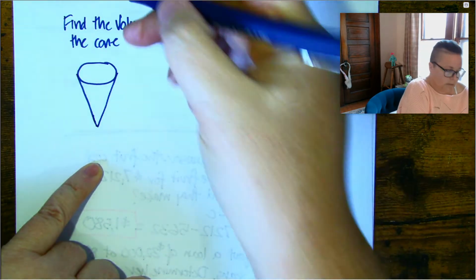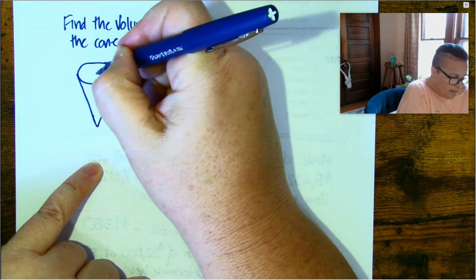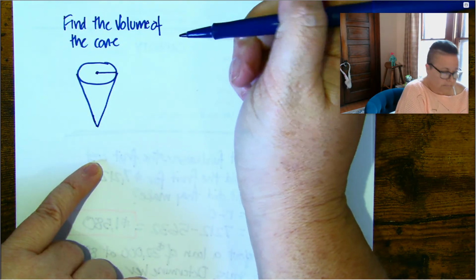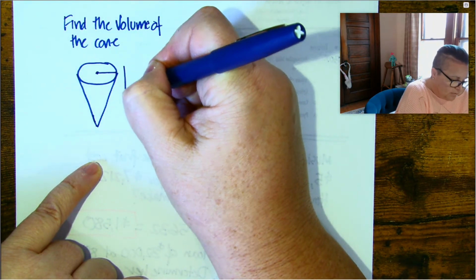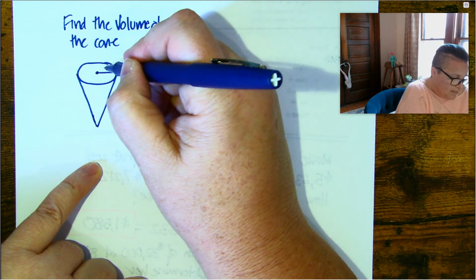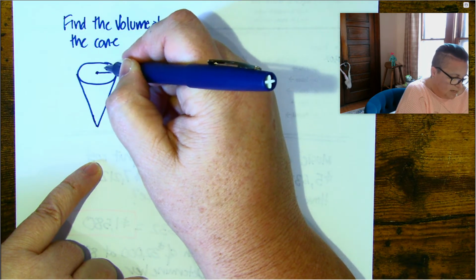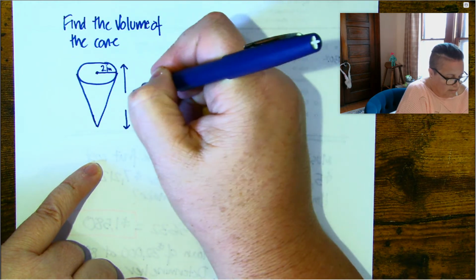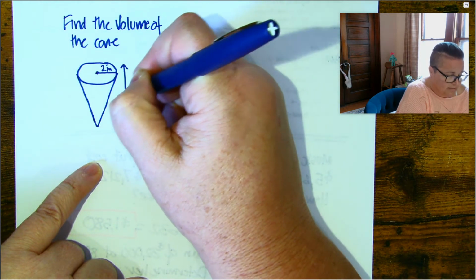Okay, when you look at a cone, there's usually the center of a circle, and then they'll tell you how high or tall it is. So I'm going to say this is, let's say, a 2-inch cone, and let's say that it is 6 inches high.